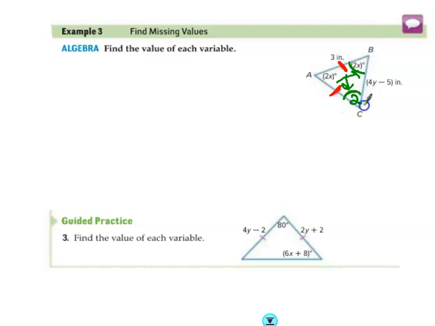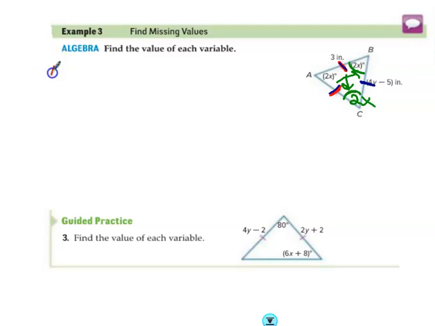So this is also 2x. Now that we've proven they're equiangular, meaning all the angles are the same, we know that BC is also congruent to the other two sides. Whoa, lots of info for that one. Now we can solve it and go from there.